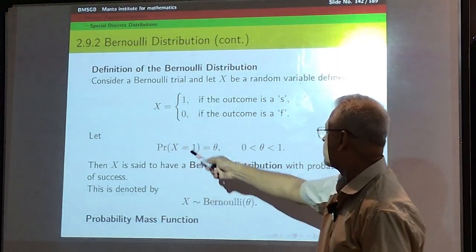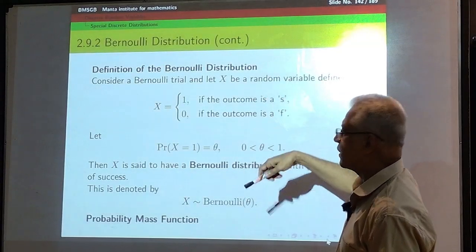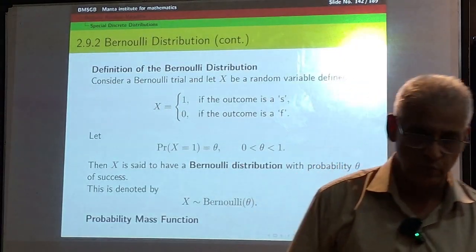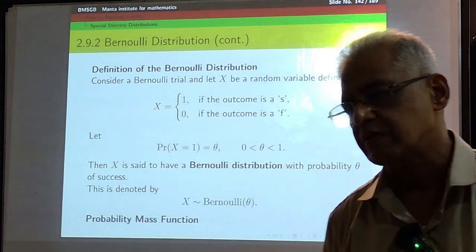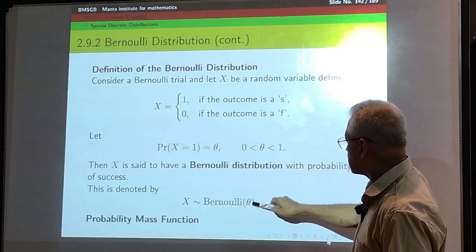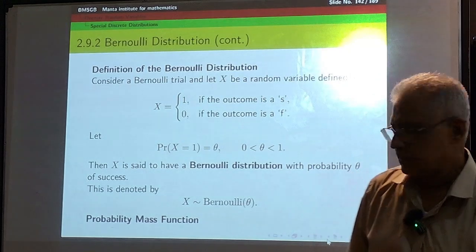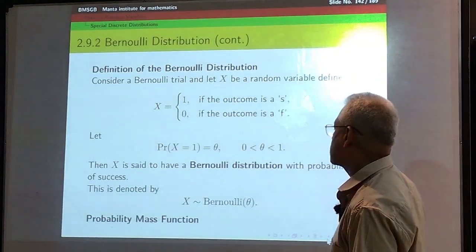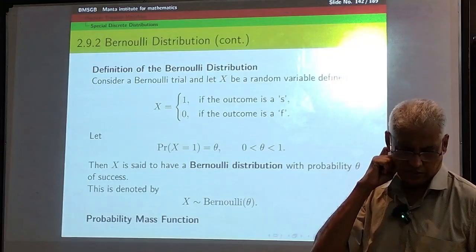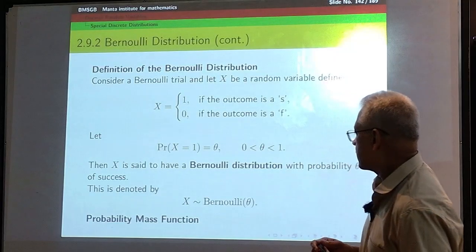Right? Then probability X equal to 0 will be 1 minus theta. So in that case, we say X has a Bernoulli distribution. The random variable X has a Bernoulli distribution with parameter theta, where theta is the probability of a success. So that is the notation. That's how we usually denote, right, when a random variable has a Bernoulli distribution.